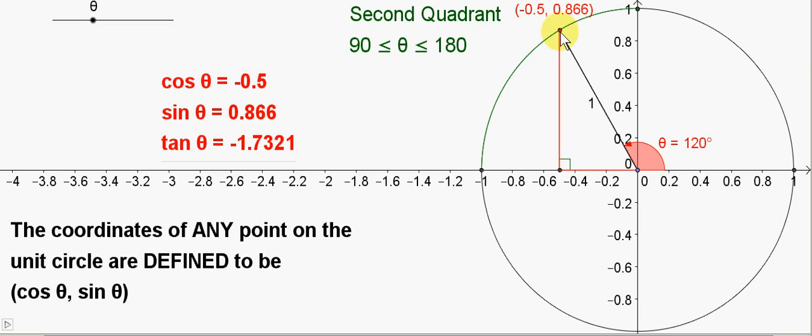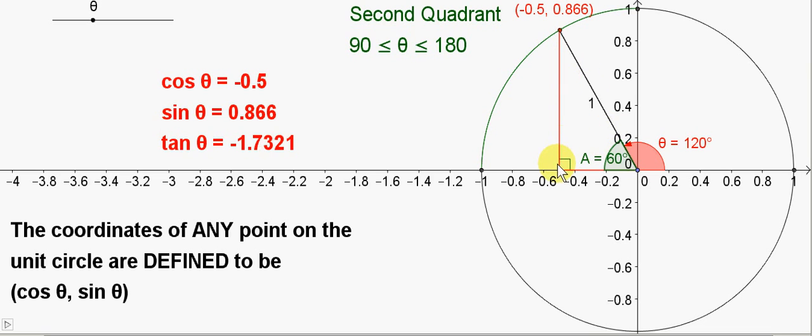So now, by defining the coordinates of this point as cos theta, sine theta, we can see that we get negative values for these ratios. We get a negative value for the cos function. We also get a negative value for the tan function actually. Tan is got by dividing sine by cos. 0.866 divided by minus 0.5 is minus 1.7321.